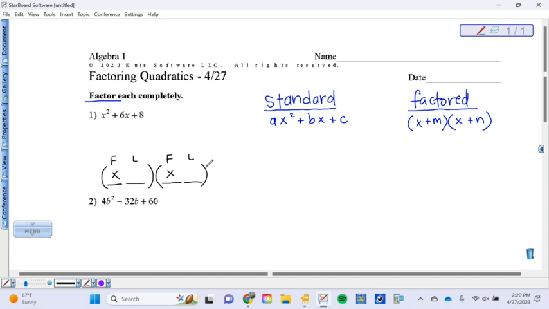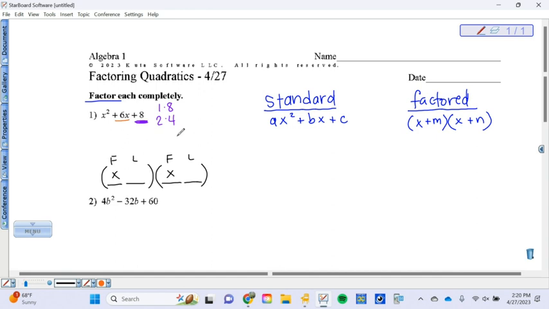Not the greatest common factor, but all the factors of that last number, right? So what are my factors of 8? 1 and 8, and 2 and 4. Which of those factor pairs could I use to get to 6?